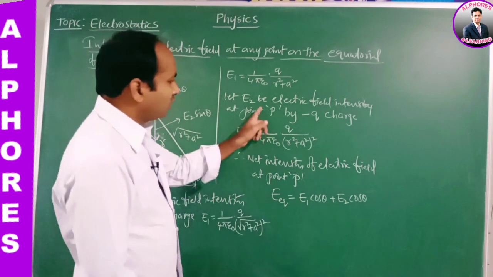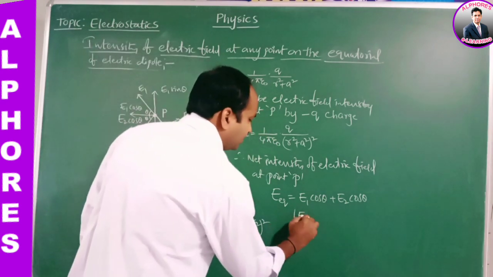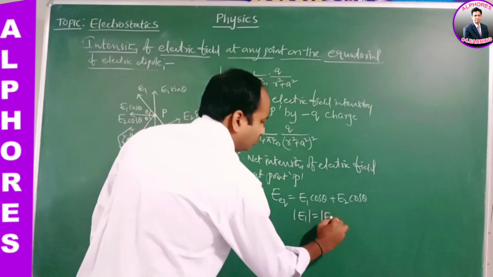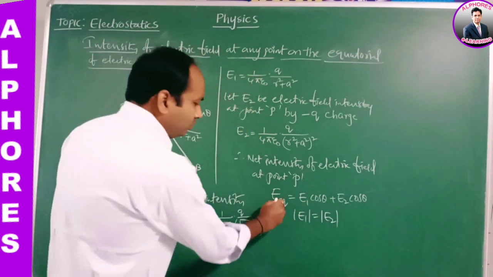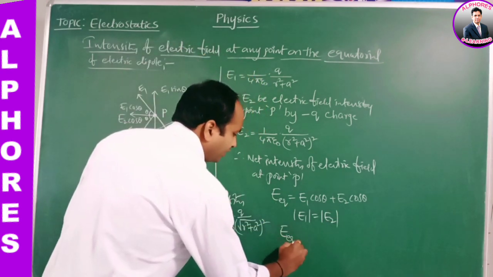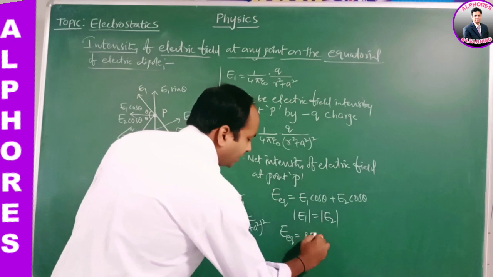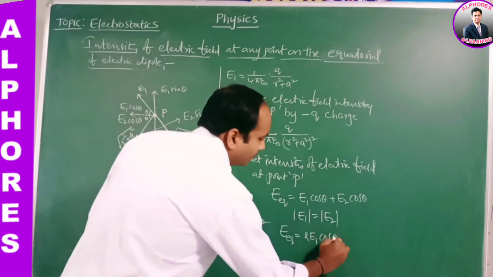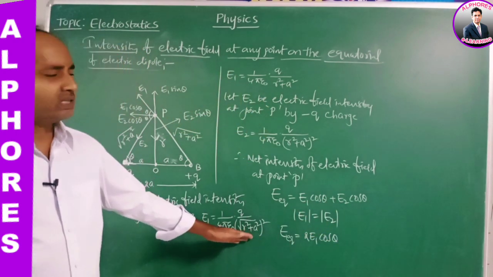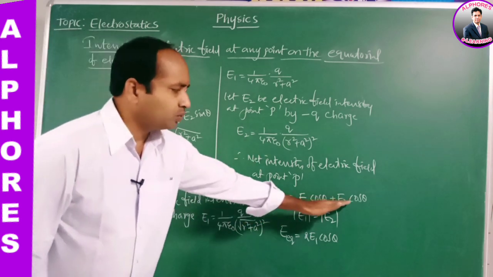And we know that the magnitude of E1 is equal to the magnitude of E2. So the intensity of electric field on the equatorial line can be written as 2E1 cos theta, or 2E2 cos theta.